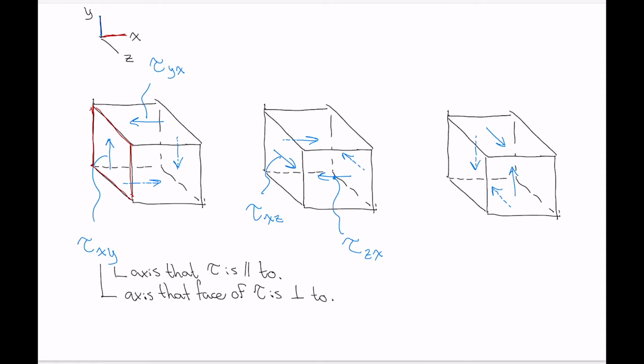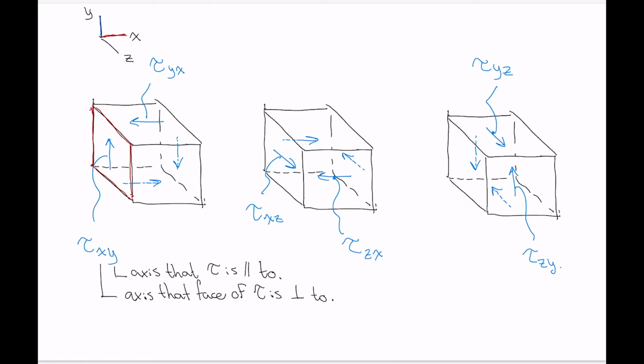So if we wanted to name the shear stress on the top face, let's say, this would be tau subscript y, top face perpendicular to the y-axis. That shear stress is parallel to the z-axis. So we've got tau yz, which would make this one tau zy. Okay. So those are all the combinations of shear stress that can occur in 3 dimensions.